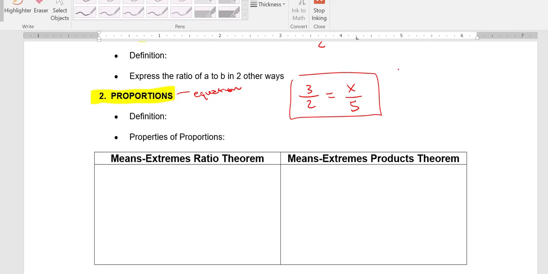So the first one I want to talk about is this one right here, the means extremes product theorem, or MEPT, which we'll need later on in the chapter when we're doing some proofs. Okay, so means extremes product theorem is basically if A over B is equal to C over D, then A times D is equal to B times C. We also know this as cross multiplying, which we did a little bit of in the first section.